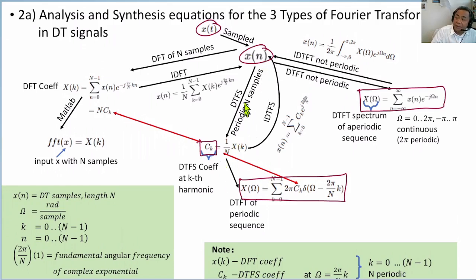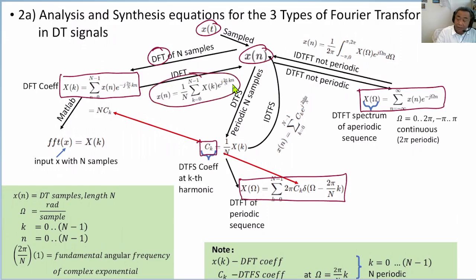And you realize that if you are an engineer, you are doing this every time. You're taking a sequence of numbers and you're performing DFT or FFT on it. So this is the equation for the DFT. And in fact, this is what you will do in the lab. I give you a sequence, you perform DFT. And if you want to find DTFS, you follow this arrow down. And if you want to do inverse DFT, you follow this arrow up.